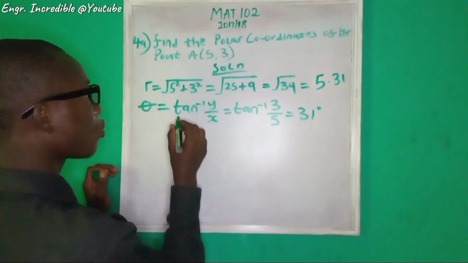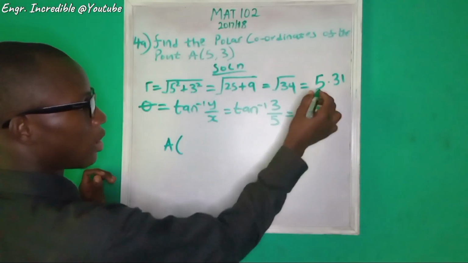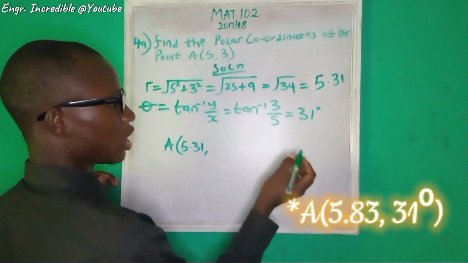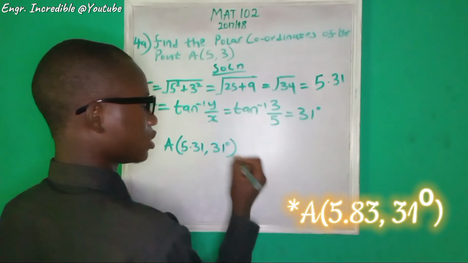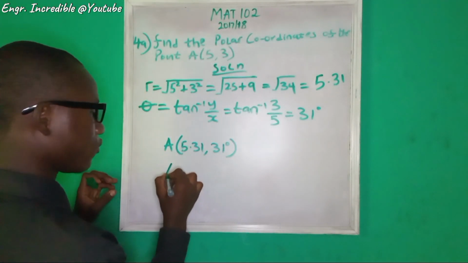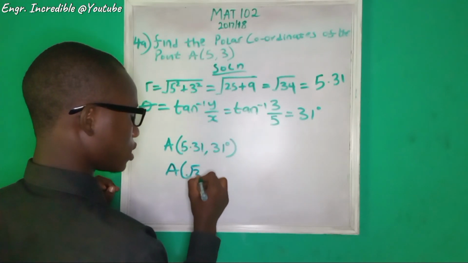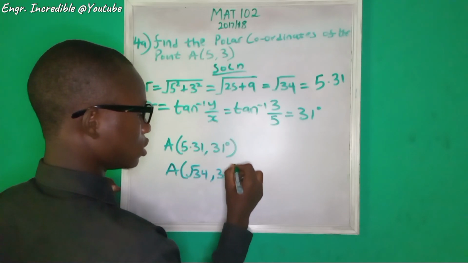So therefore our polar coordinate A is equal to, we have our resultant first, 5.31, and our angle 31 degrees. And you can also see it in the form of root 34 and 31 degrees.